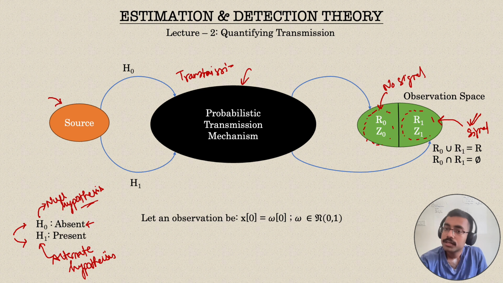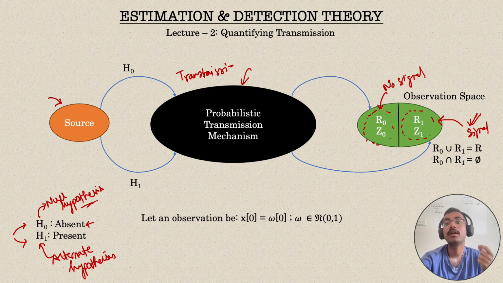Now, these two observation spaces are totally independent of each other. This is our assumption in this binary detection scenario. That means that if a signal is not observed, that does not affect the probability of the signal being observed. So these are completely independent and non-overlapping.